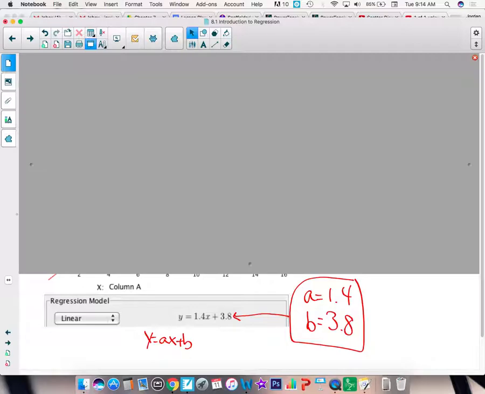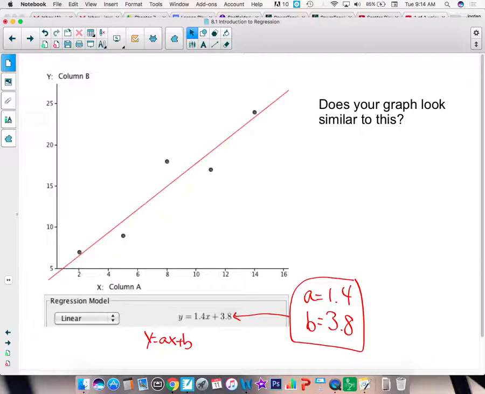Once you have your line, you go to y equals and type in the equation 1.4x plus 3.8. Once you have that line graphed, it should look like that on your scatter plot. These points might look more like little squares than circles. You can change that if you want to, but it doesn't really matter for this purpose. Your line is going to look something like that.